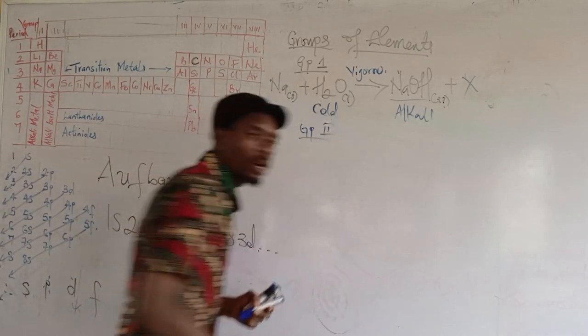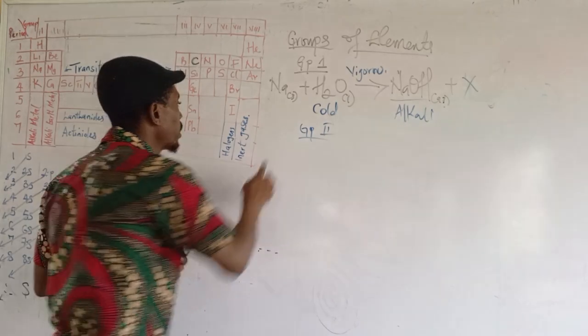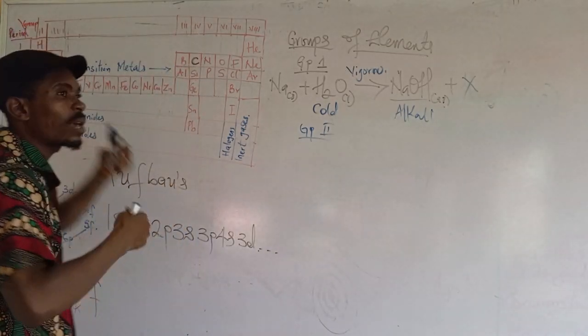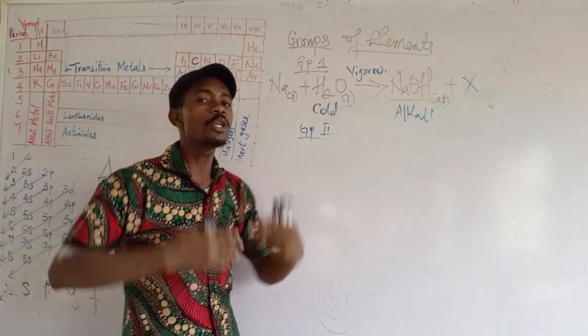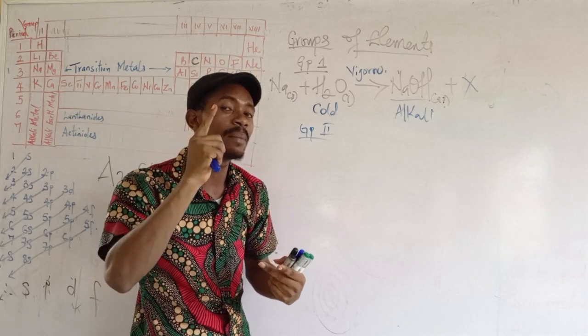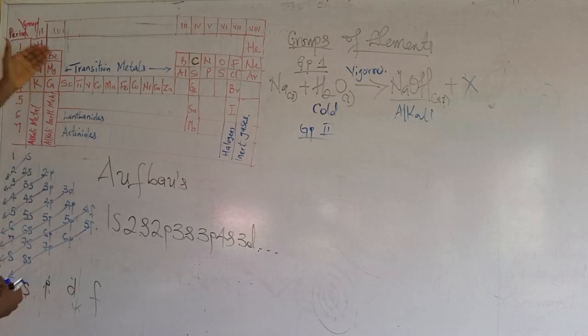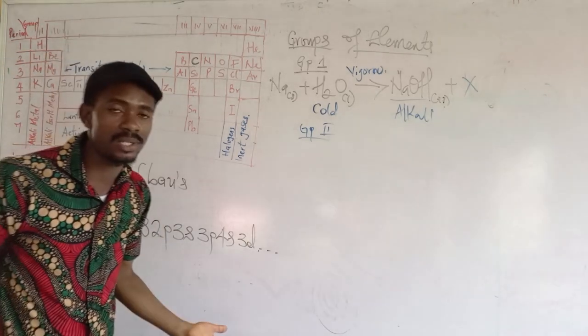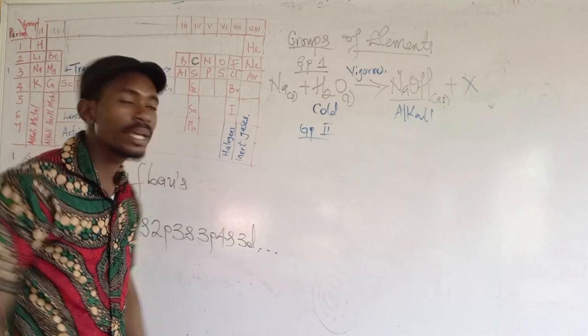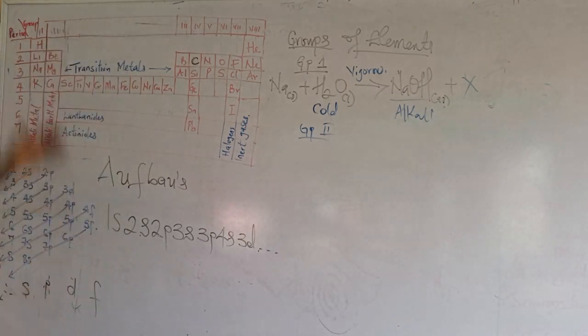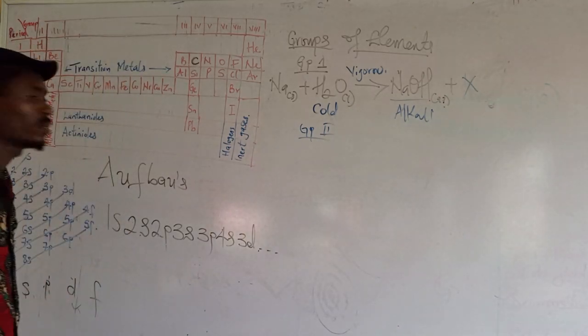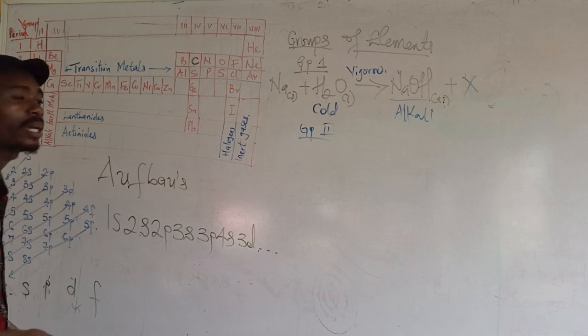The other properties of group 2 elements are that they are divalent metals which ionize by electron loss to form divalent ions or cations. They are also good reducing agents because they are metals, and all metals are reducing agents. Examples are beryllium, magnesium, calcium. These are the elements in group 2.